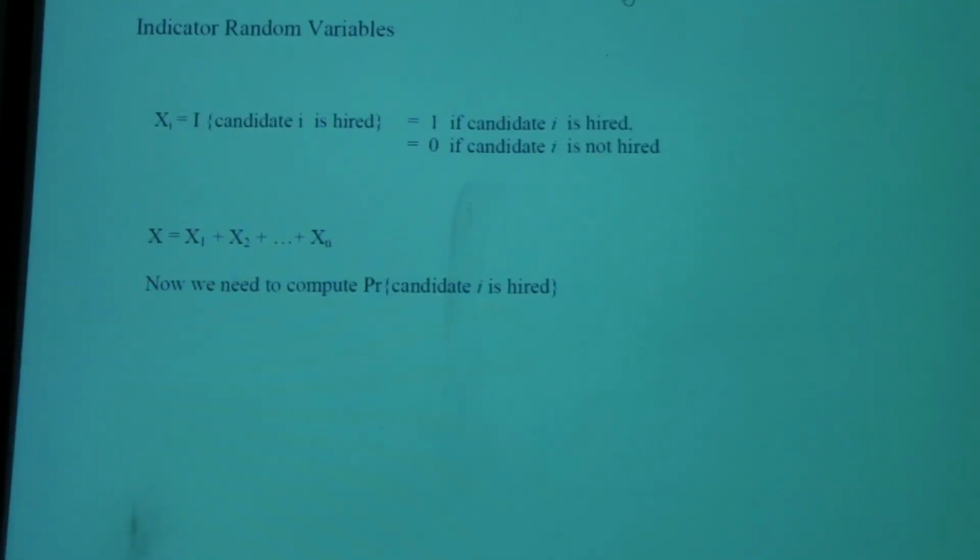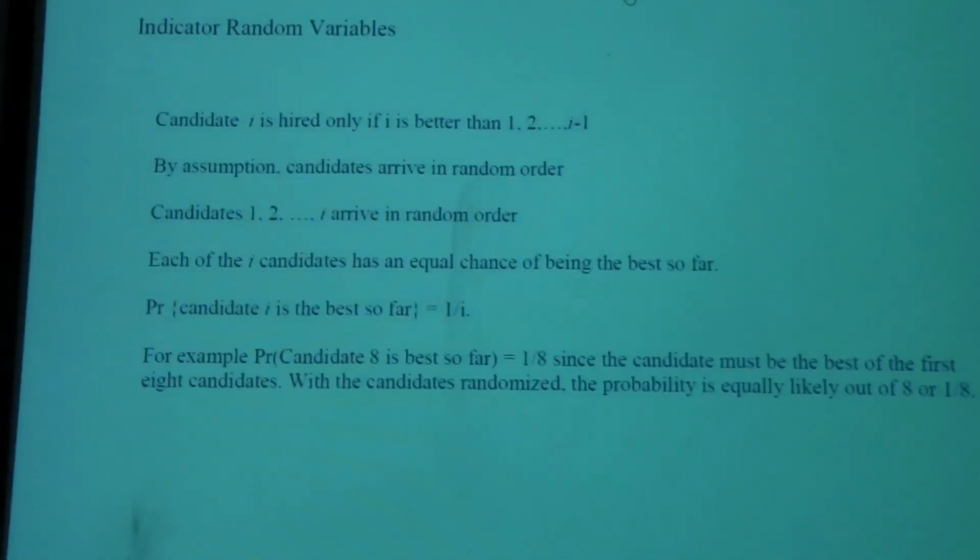X2 will have the value of 0 or 1, 0 if they're not hired, 1 if they're hired, we don't know. X2, we don't know. Xn, we don't know. So we need to compute the probability that the candidate is hired. Candidate i is hired only if i is better than everybody before them, which is 1 through i minus 1. By assumption, the candidates are randomly ordered. So therefore, candidates 1 through i arrive in random order.